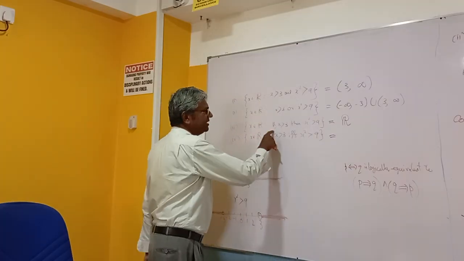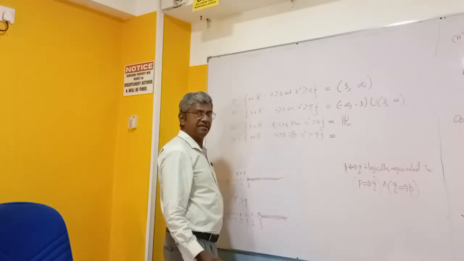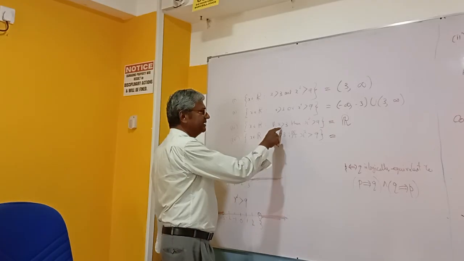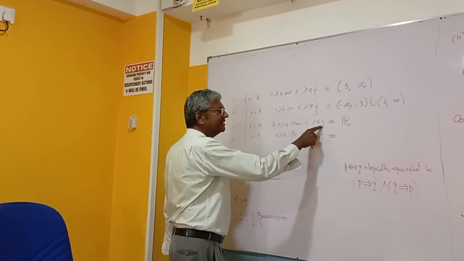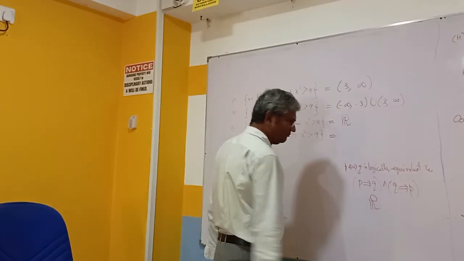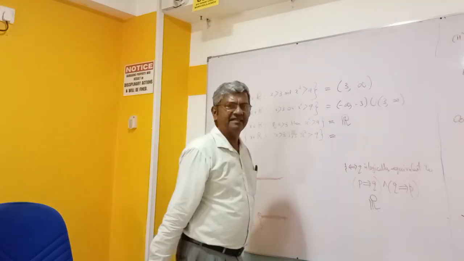For P implies Q we have R. Now we need the Q implies P set. So this one is R. R intersection anything is the anything.